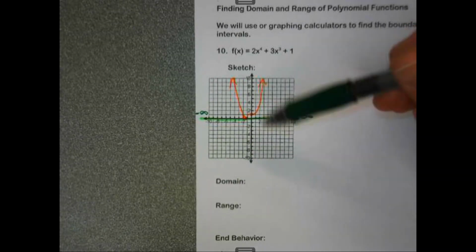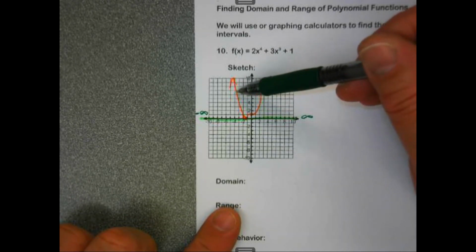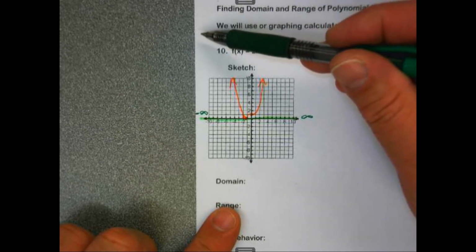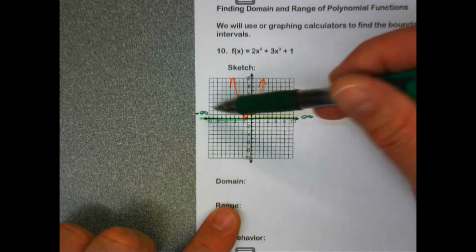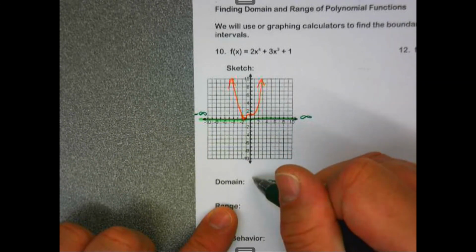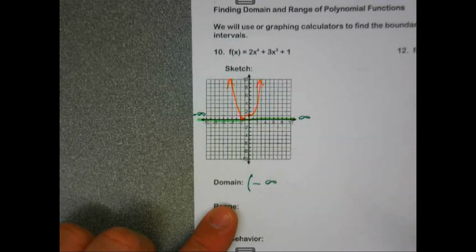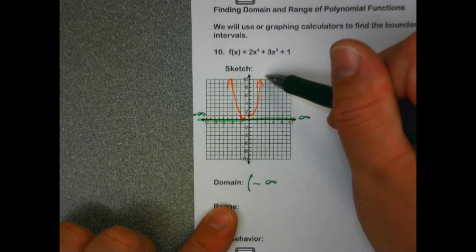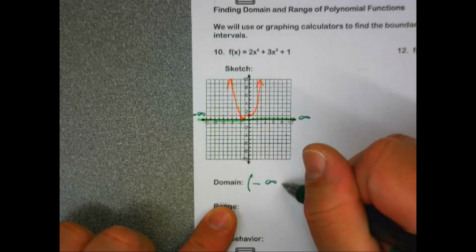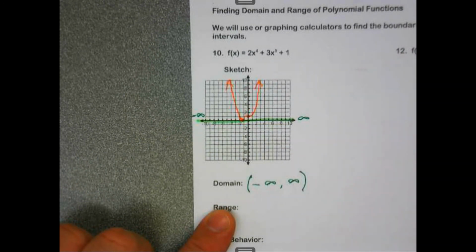So if I look at just the x values of this graph, now remember this is going on forever and ever and ever, out towards this way, which is going to negative infinity for my x. Negative infinity always gets parentheses because we can never include it. Same thing here. It's going on forever and ever and ever towards positive infinity. And again, parenthesis because we can never reach it.